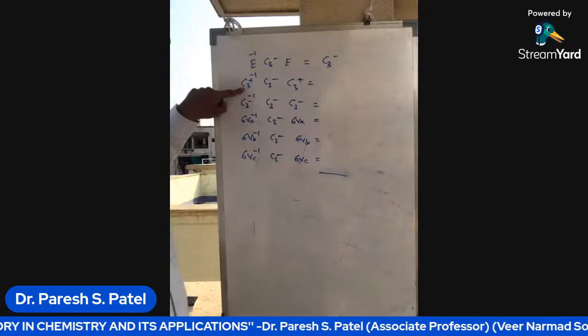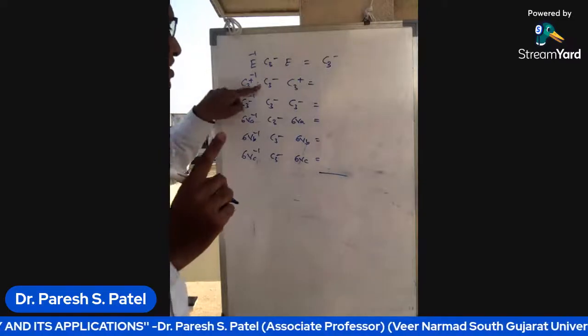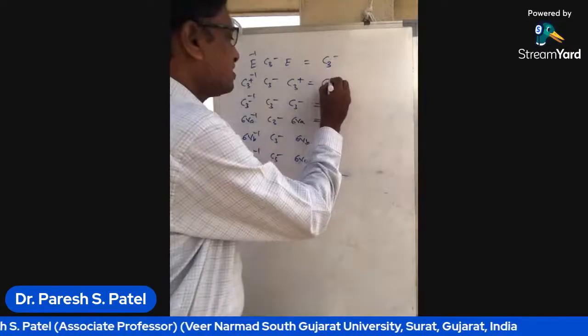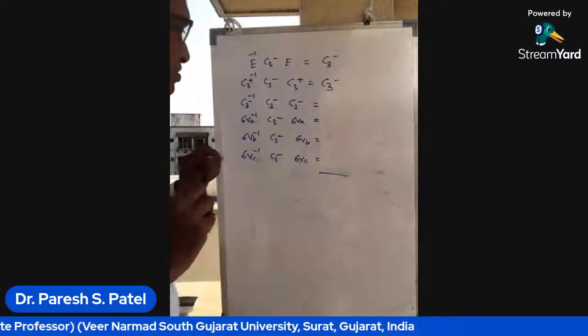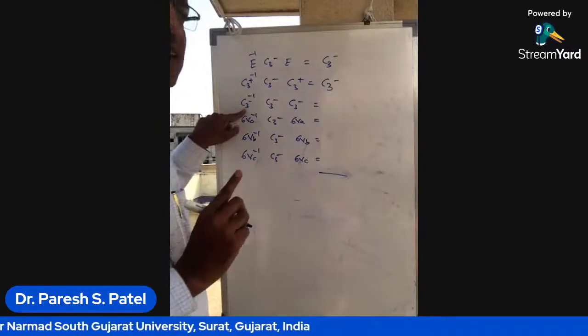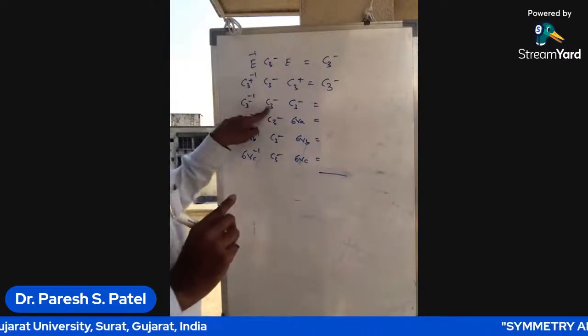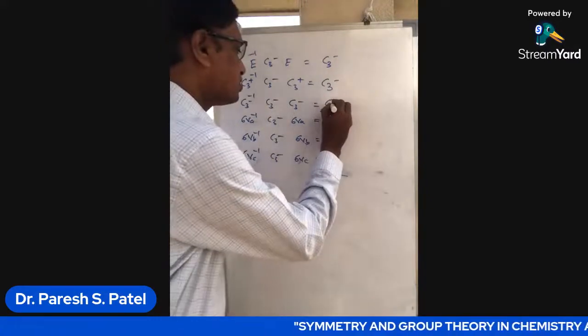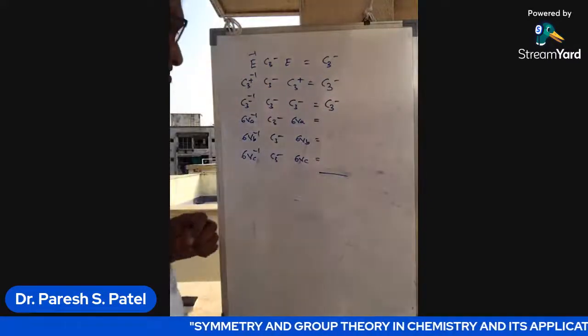C3 plus inverse, it means one time anticlockwise rotation, again anticlockwise rotation, and one time clockwise rotation. So answer is one time anticlockwise rotation. C3 minus inverse, it means one time clockwise rotation, anticlockwise rotation, and again anticlockwise rotation. So overall result is C3 minus.